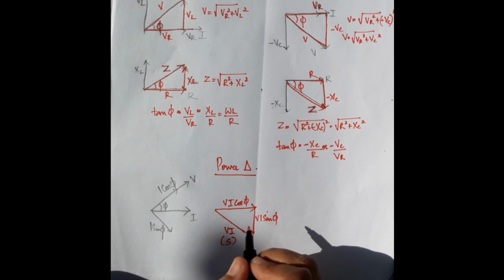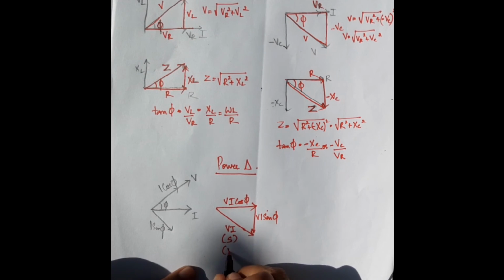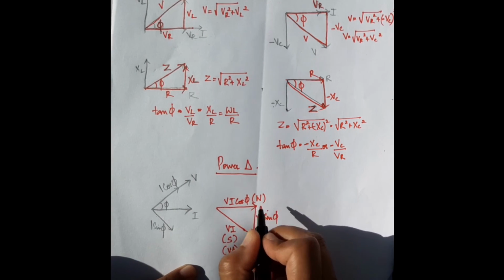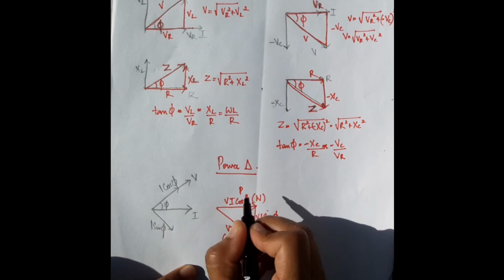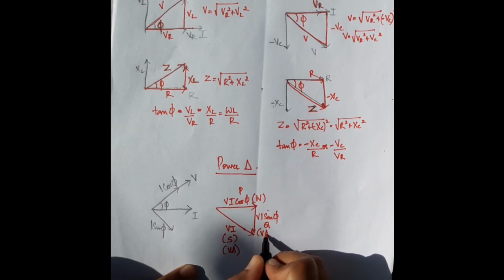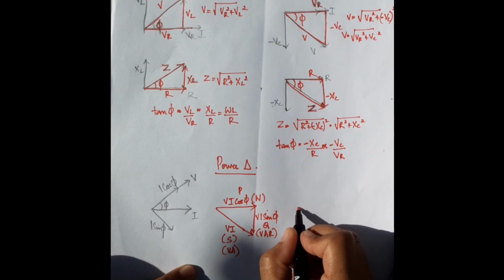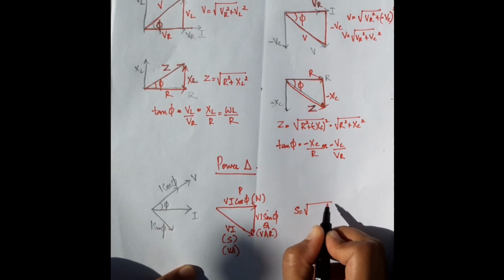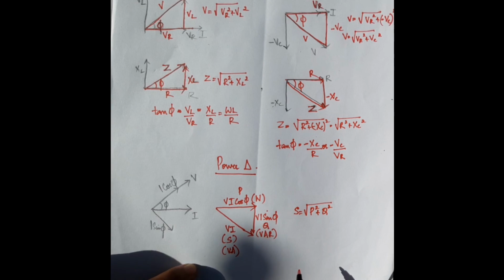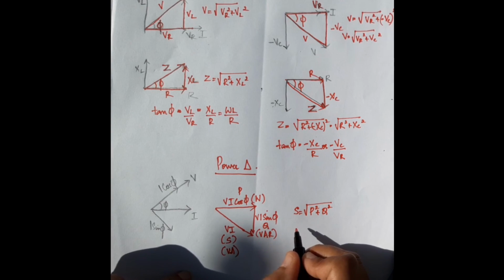Now this VI is called the apparent power S, and it is given in volt ampere because it's just voltage and current. VI cos phi is the wattful component or active power, while VI sin phi is the reactive power or Q. We can find the total resultant power S by root of P square plus Q square.